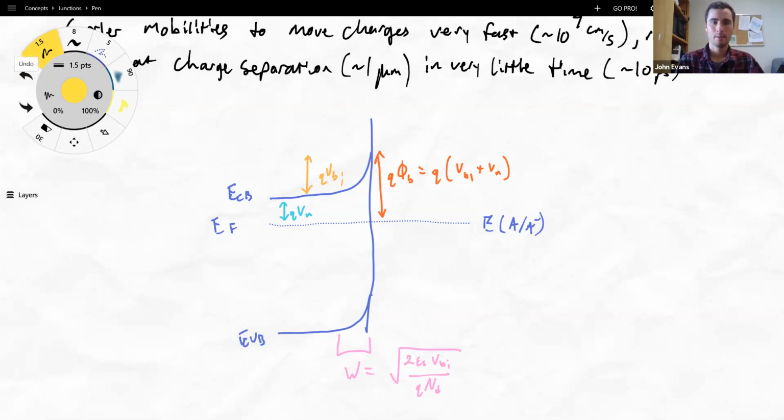And when we look at metal junctions, we have the work function of our metal and the work function of our semiconductor, and they will bleed into each other.